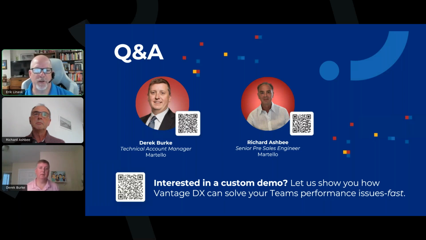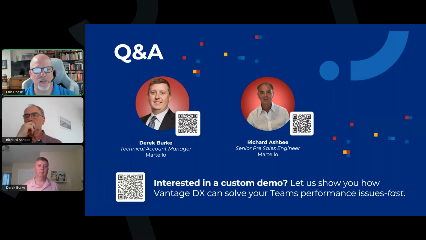Thanks, Richard. Derek, let me jump over to you. It's great to be aware of how Vantage DX helps support positive, consistent user experiences. When issues arise, when Vantage DX raises problems, how does it notify IT teams and MSPs?